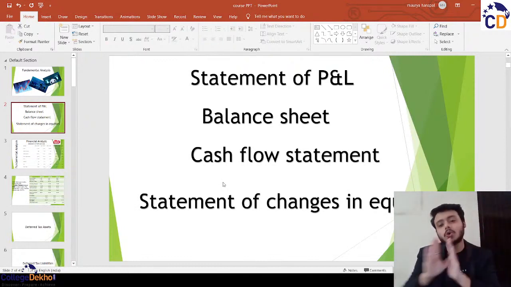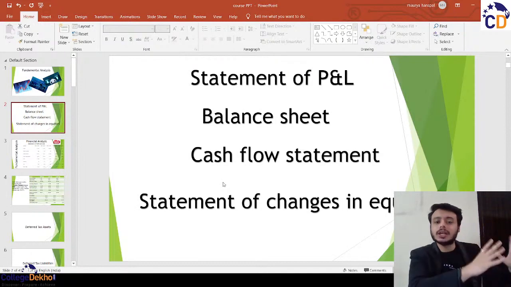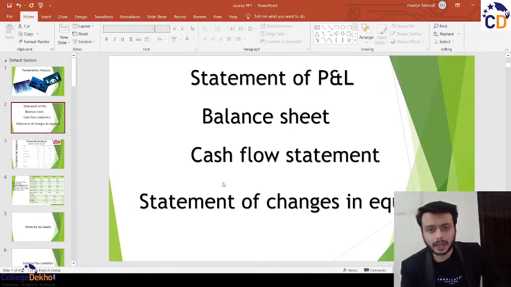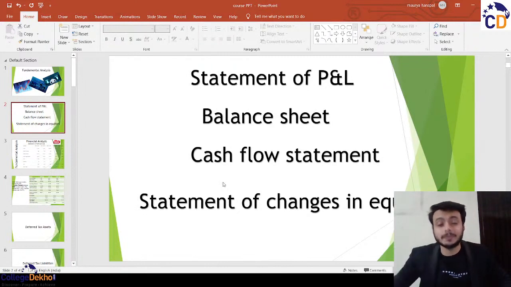If I have sold a certain amount of stationery to a second party, and I made a profit of 200 rupees on that. Just imagine my cost of purchasing that stationery was 100 rupees and I sold it at 300 rupees. I earned a profit of 200 rupees, straightforward.